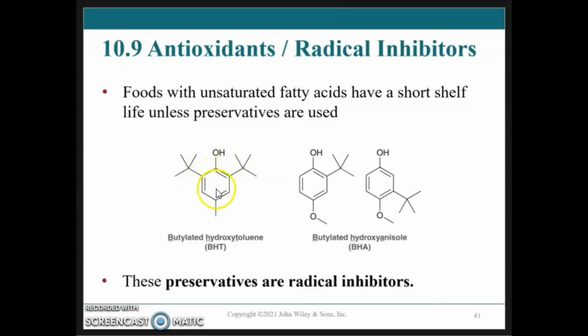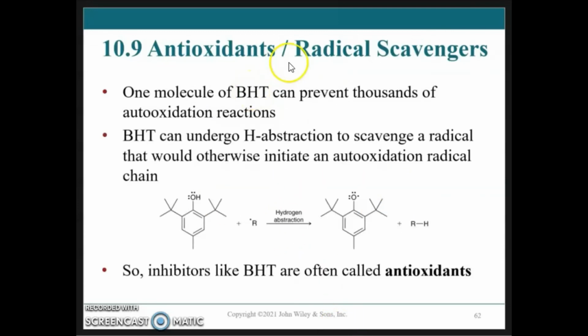But if you had a hand cream that had unsaturated fatty acids, you would not be able to achieve any appreciable level of BHT in the aqueous fraction of the hand cream. So a molecule like BHA, which has much greater water solubility, would be a preferred antioxidant in an oil and water emulsion than BHT. One molecule of BHT prevents thousands of autooxidation reactions.